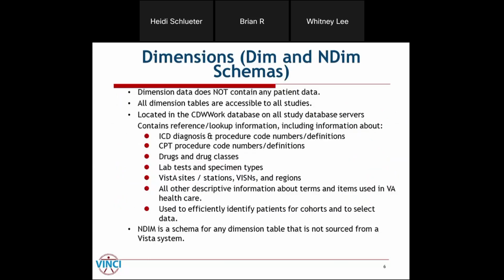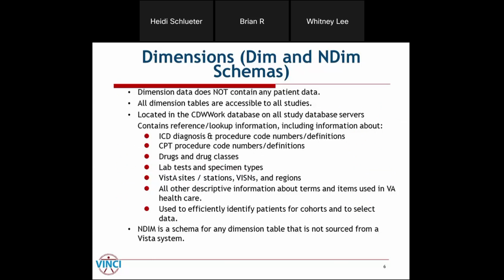Okay, and so like I mentioned, we have the dimension or DIM tables and NDIMs sometimes. Again, the dimension data does not contain any patient data. That means that all of the dimension tables are made accessible to research studies, no matter what you've requested.